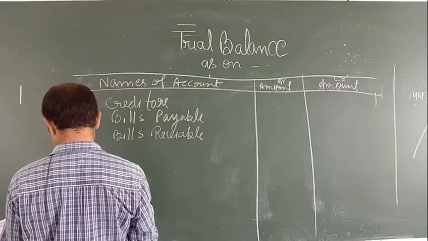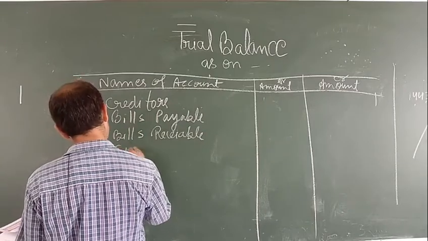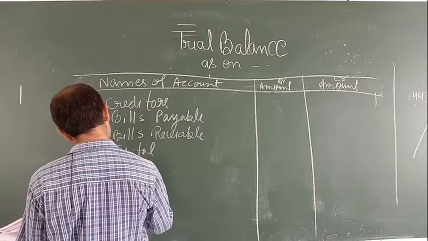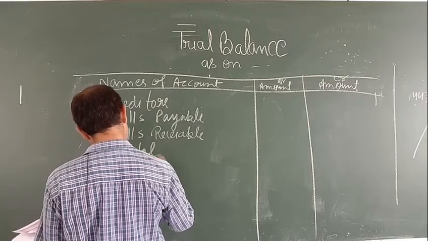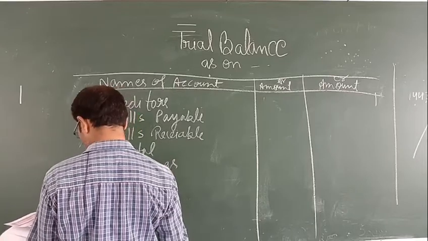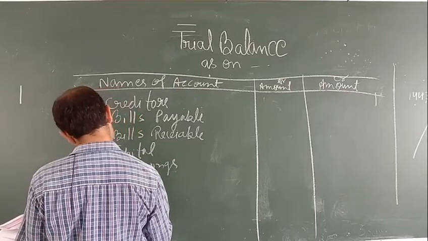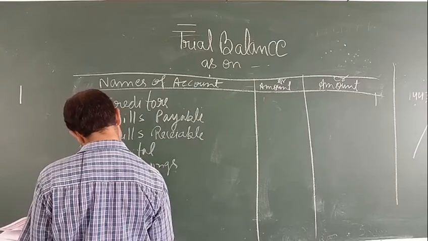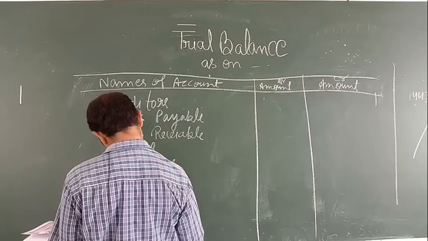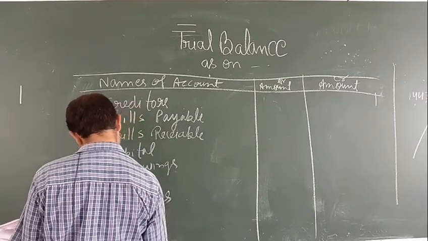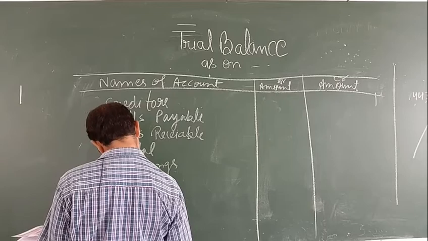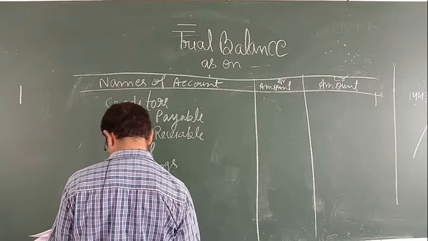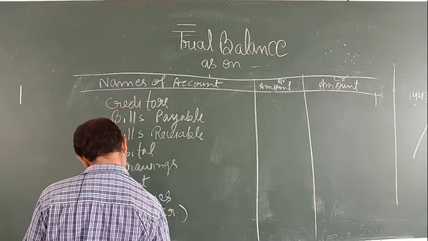Bills payable, bills receivable, then capital, then drawings, and rent and salaries, loan, and in bracket credit is given, and interest on loan.